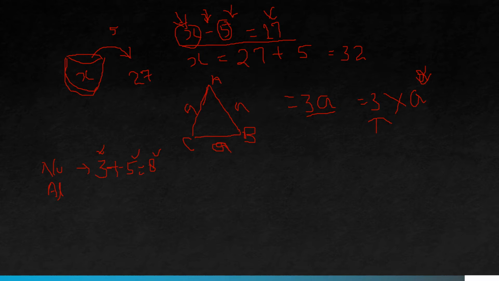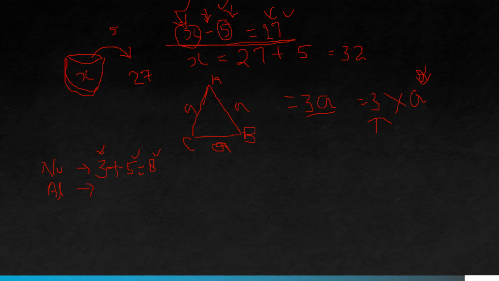So a numerical expression contains the constant values and the mathematical operators. What is an algebraic expression? An algebraic expression contains the variable, constant and the operation. So this is an example of an algebraic expression, because it contains the variable, it contains the constant, right?